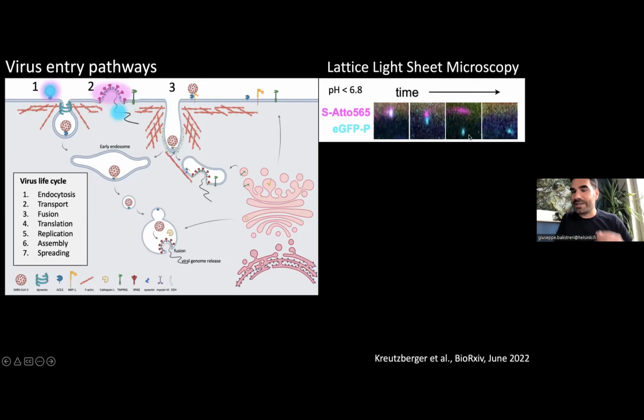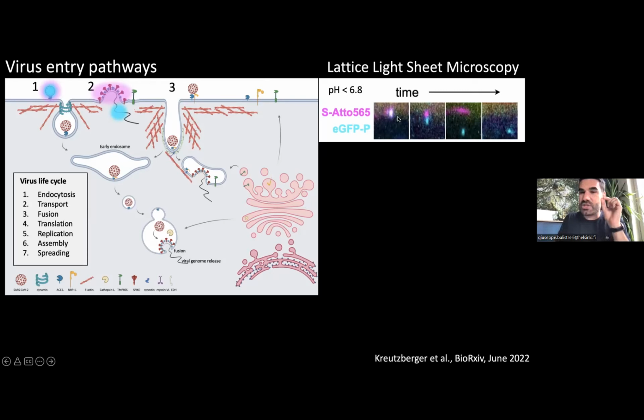And we can track this quantitatively in thousands and thousands of events in millions of cells very quickly. So imagine now we can try different drugs, we can try different conditions, and it is thanks to this technique that we realized that if the pH outside the cells is below 6.8, so a little bit acidic, then the fusion can happen.